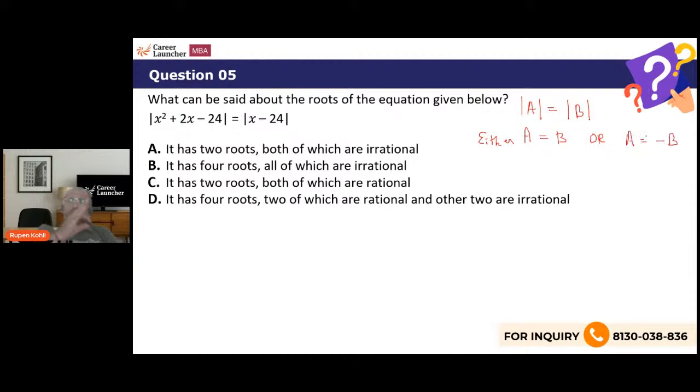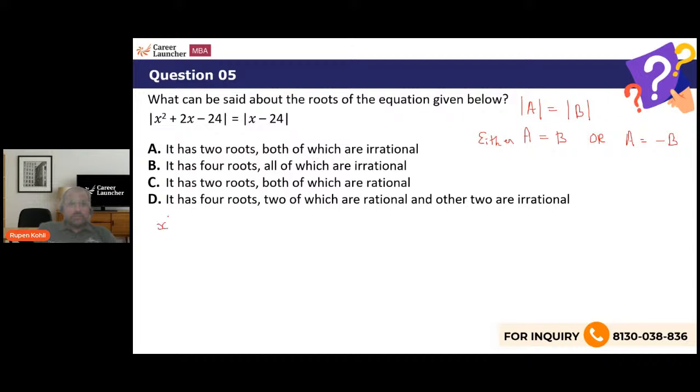Because we know that the modulus function basically removes the negative sign if it exists. So the inputs can be either equal to each other, or the negative of one can be the negative of the other. So we simply have to solve the equation based on the two cases.